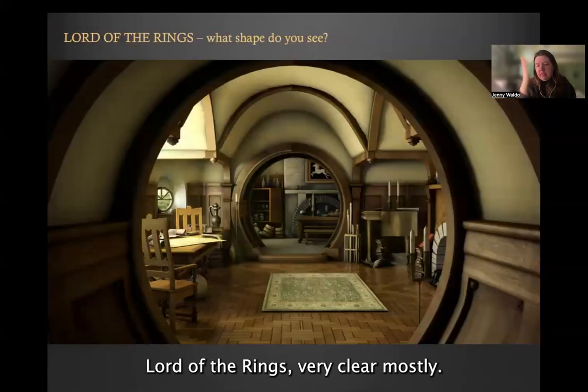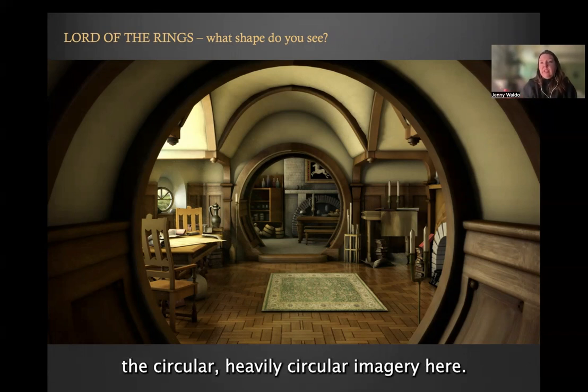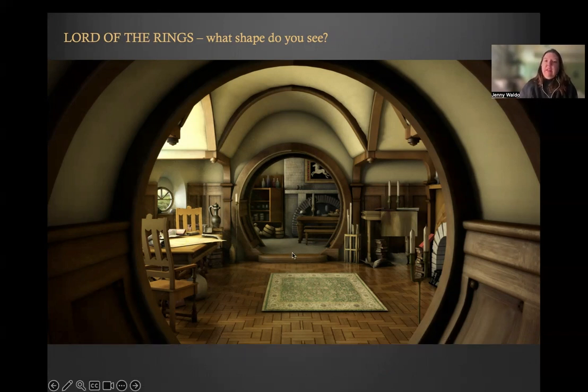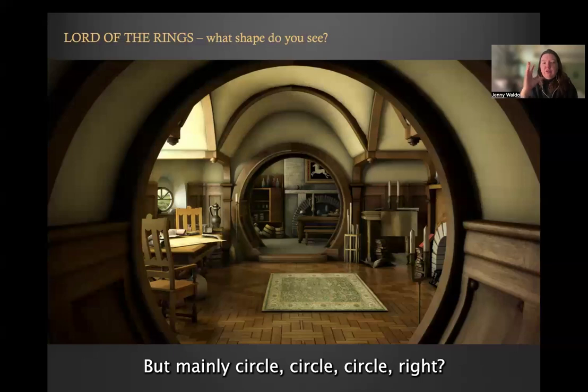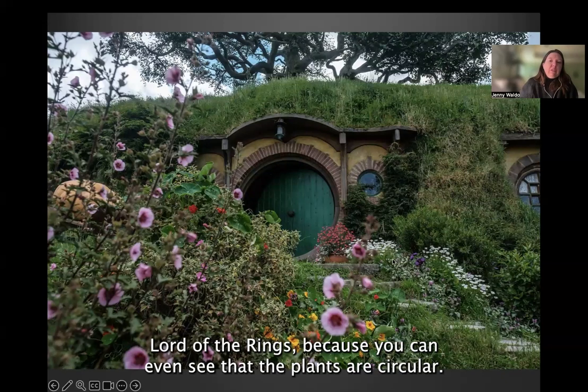Okay, Lord of the Rings. Very clear. Mostly, again, you're kind of squinting. Very clearly heavily circular imagery. Here we do have a couple of counterpoints with the rug and the chairs, but circle, circle, circle, right? I love this image from Lord of the Rings because you can even see that the plants are circular.